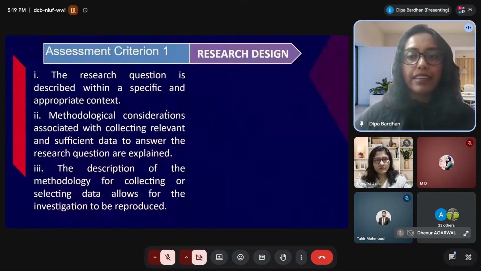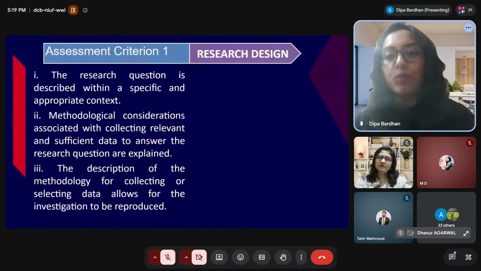So that's it. We all know that now there are 4 particular criteria in the assessment rubric for IA. I will not go over it in detail because it has research design, data analysis, conclusion, and evaluation. None of them is more important. None of them is least important.